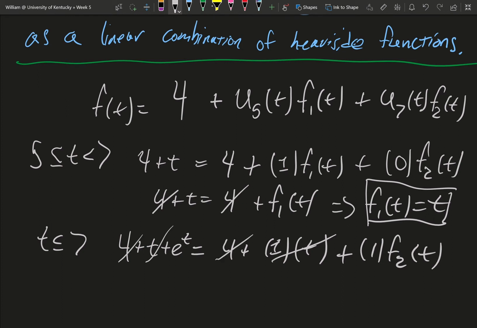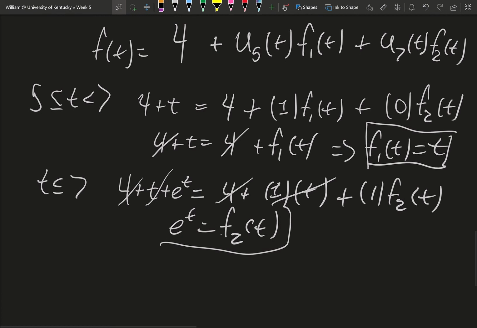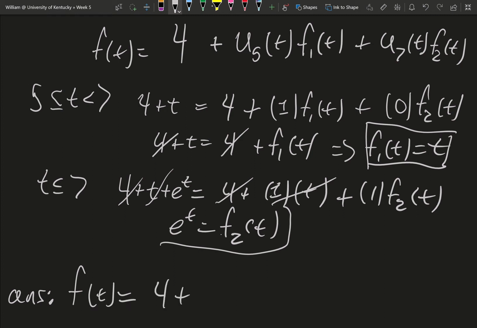And here I can see that e to the t is equal to f2 of t. And so now I can rewrite my function. f of t is equal to 4 plus t times u5 of t plus e to the t u7 of t.